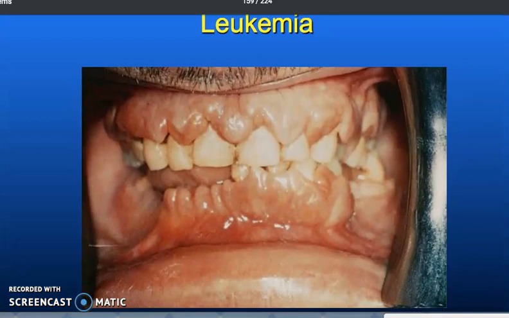So looking at leukemia, here we may have some tissue, and this is an extreme case. This is not the beginning of it, but this is after a diagnosis and some indications we've noticed, and obviously the gingiva is overgrown, so it's quite extensive.